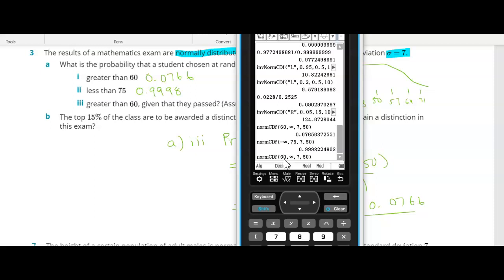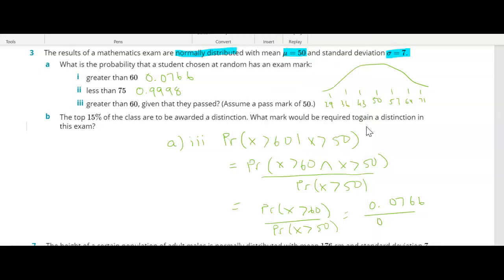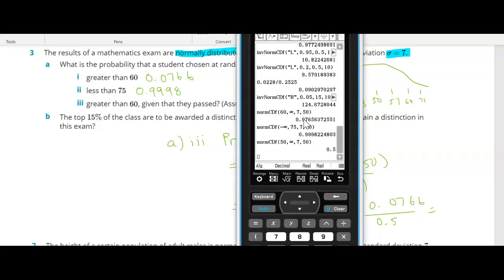All right, so 50%. Oh, we should have known that. All right, so I'm going to highlight this value, all of it, drag it down, divided by 0.5. It's more accurate the more decimal places you're using. All right, 0.1531.